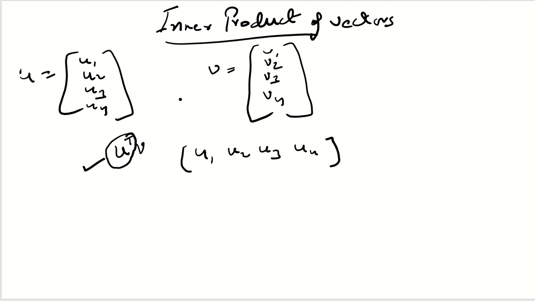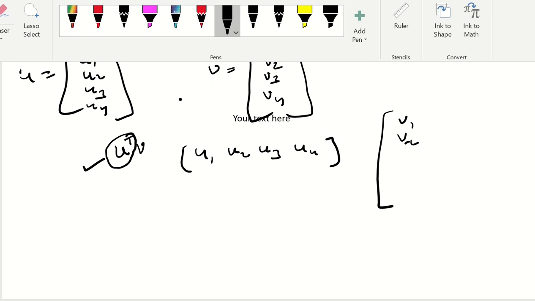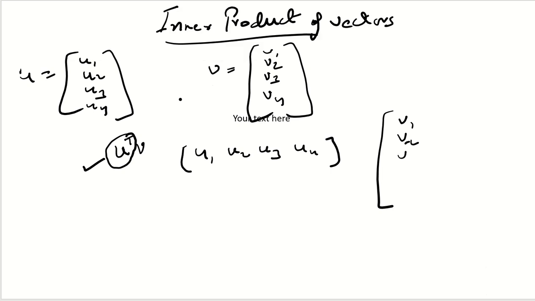So all the rows will become the columns, and the v will remain the same. V will remain same. It's like v1, v2, v3 and v4, right?